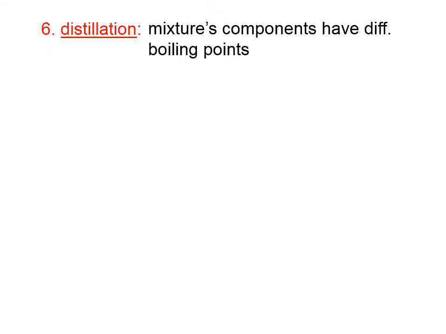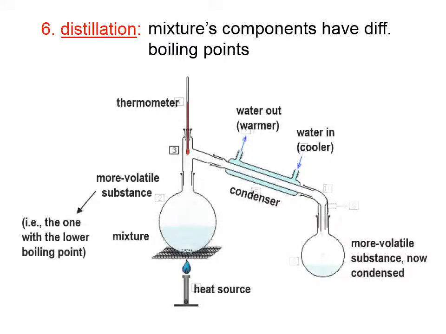We can separate the components of a mixture using distillation, and this is based on the fact that the components of the mixture have different boiling points. So here's a picture of a distillation apparatus, and we have here, right above the flame, the mixture, and as we heat that, the more volatile substance, that is the one with the lower boiling point, will vaporize first and will migrate up here and into this condenser.